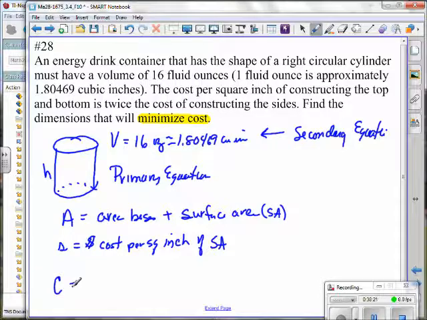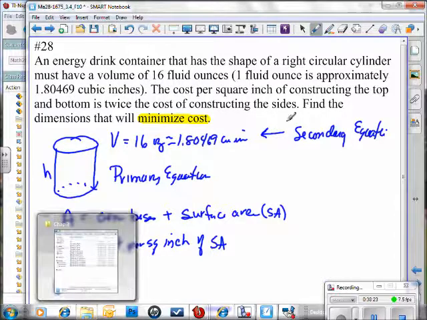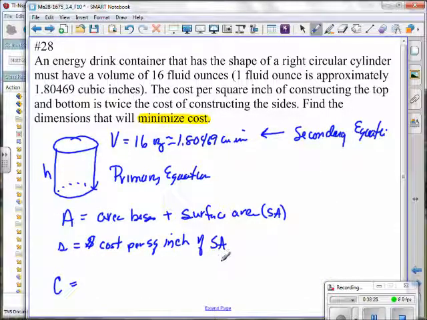So the cost of this, which one costs more? And how much more? If I find the surface area in square inches and multiply times S as the cost per square inch, I would have S times this, and then what would I have to do for this?